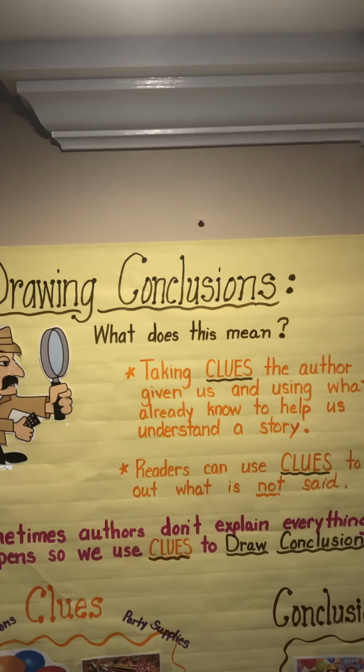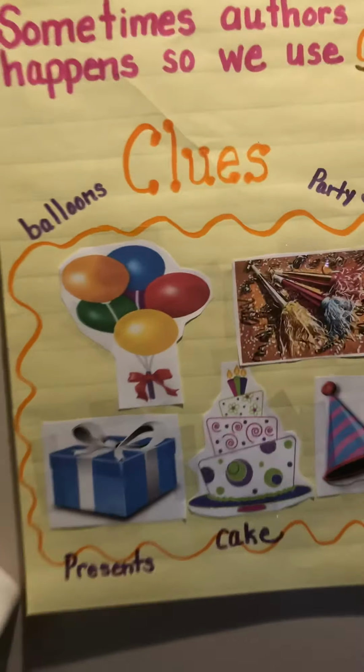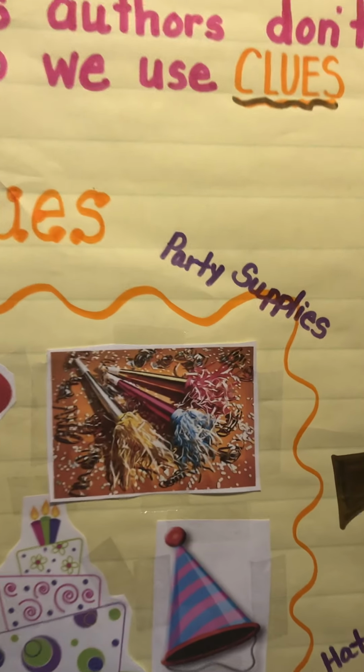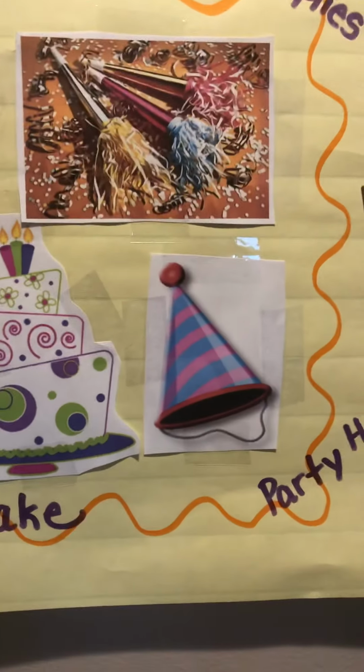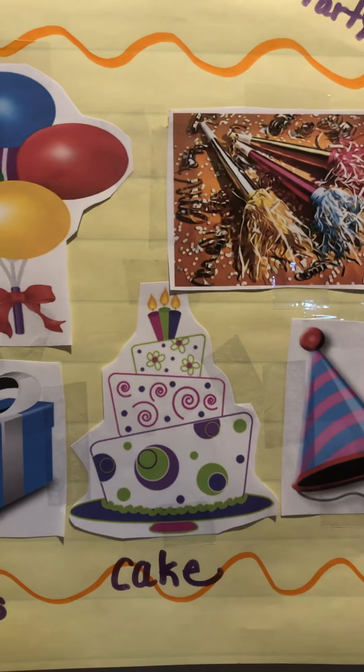Are you ready? All right, I think you can do this. Here we go. So I have some clues down here, and let's focus in on those. Got some balloons there. Got some party supplies. It looks like some horns. Oh, I've got a hat, special hat, delicious looking cake, and I've got a present.